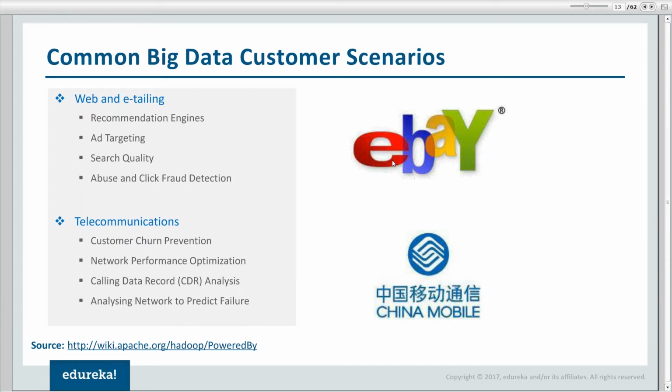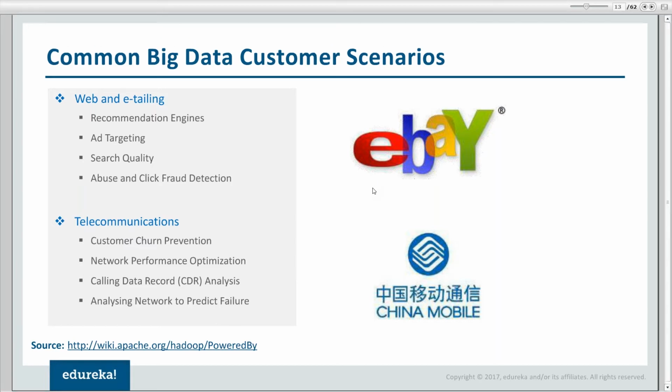So in order to retain my customer, customer prevention is also one of the things. Network performance optimization: I have to check how much load there is on weekdays and how much on weekends. Are my customers able to make perfect calls?